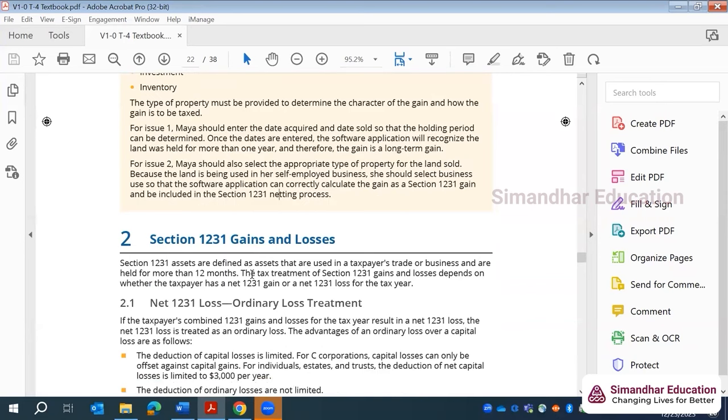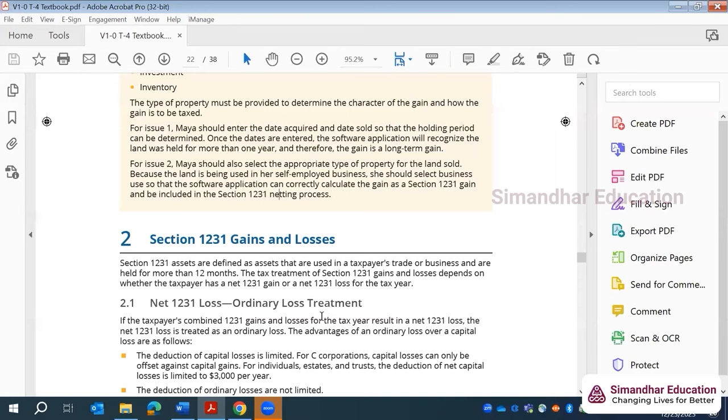Two things that you have to remember in order for you to identify whether the property is a section 1231 property or not. The first thing is that the asset is used by the taxpayer in their trade or business. Okay, that's the first criteria.